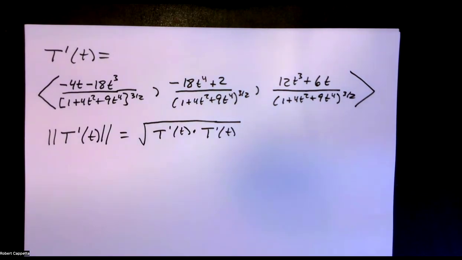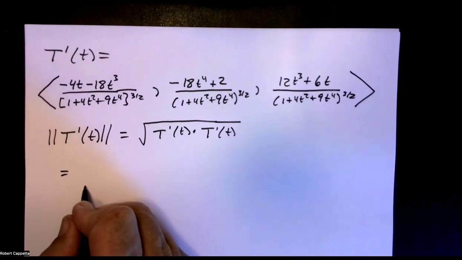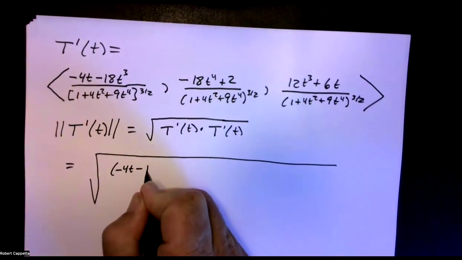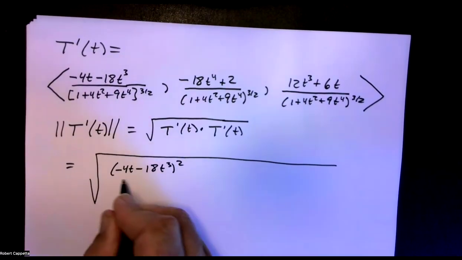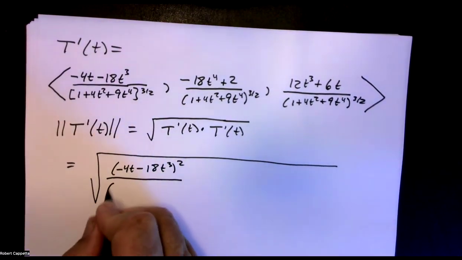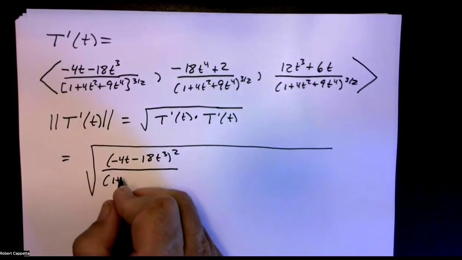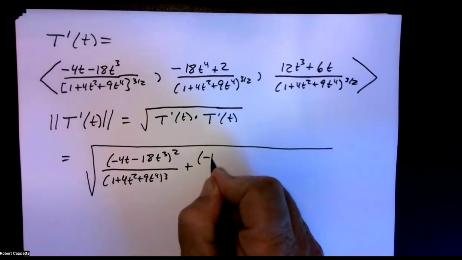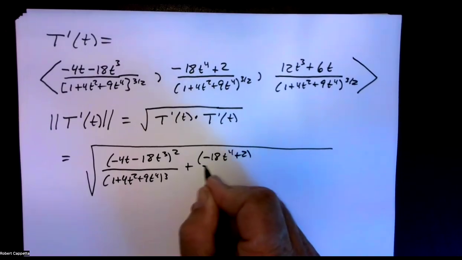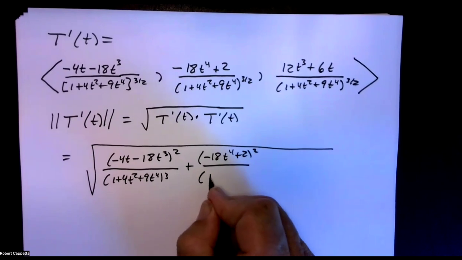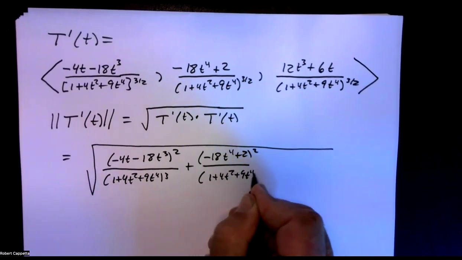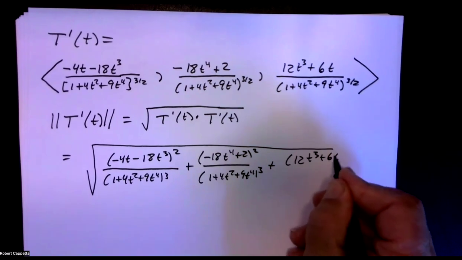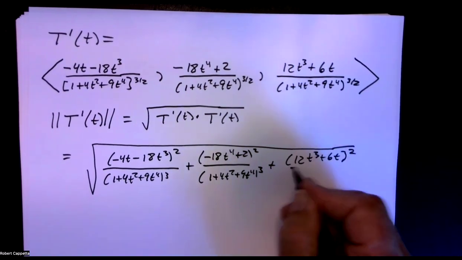Which is going to be something, which is going to be the square root of negative 4t minus 8t cubed squared all over that stuff to the third power, plus negative 18t to the fourth plus 2 over all that stuff squared over all that stuff to the third power, plus 12t cubed plus 6t squared over all that stuff to the third power.